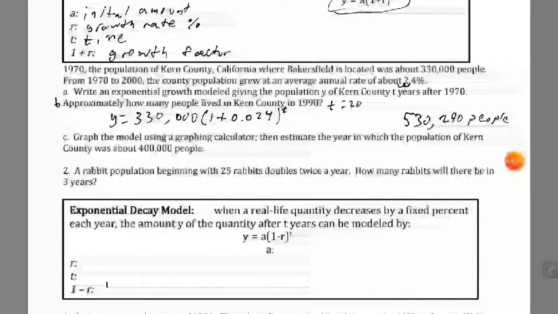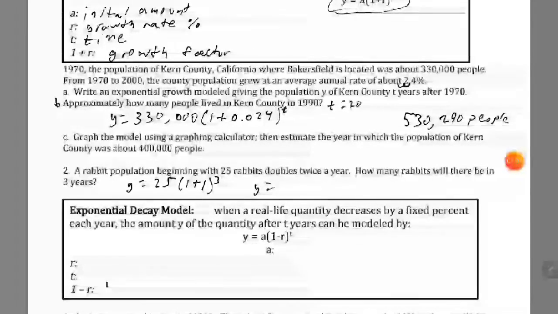A rabbit population beginning with 25 rabbits doubles twice a year. How many rabbits will there be in 3 years? So using the formula, y equals 25 times our growth factor, 1 plus our growth rate of 100%, to the 3rd power.